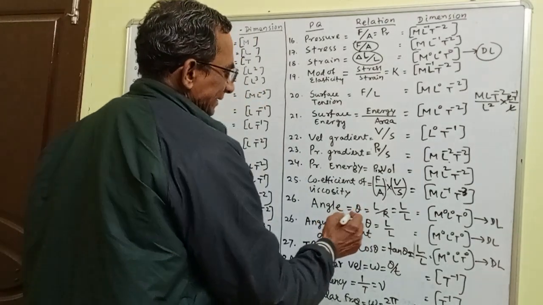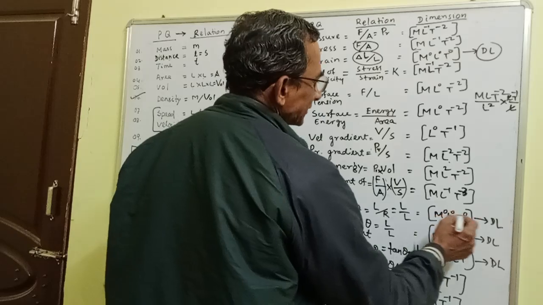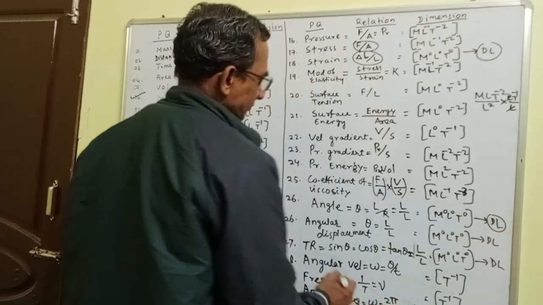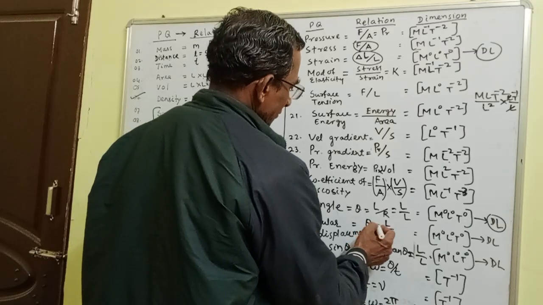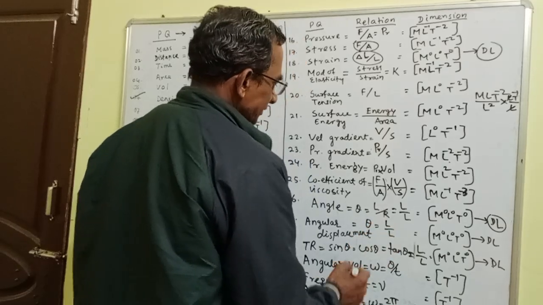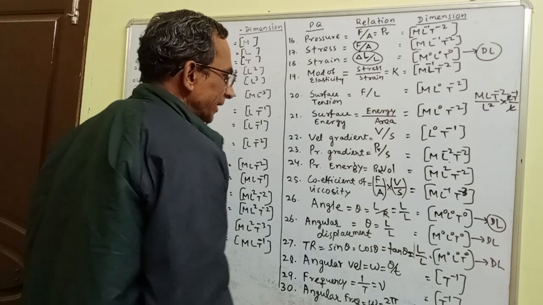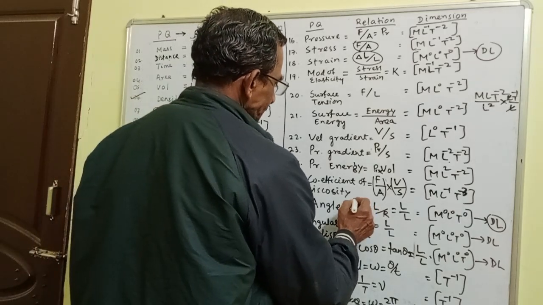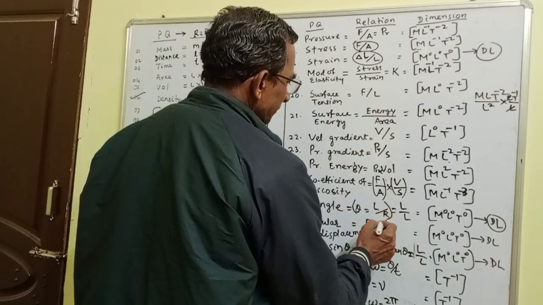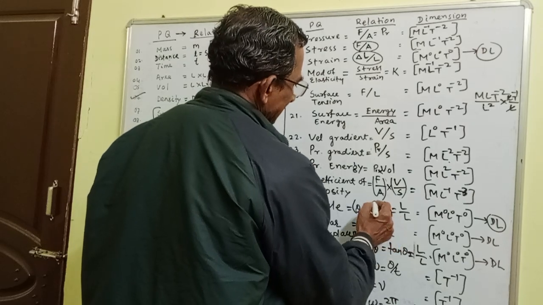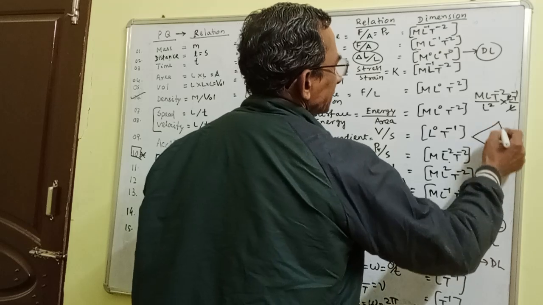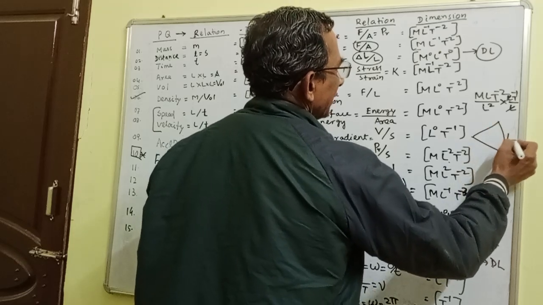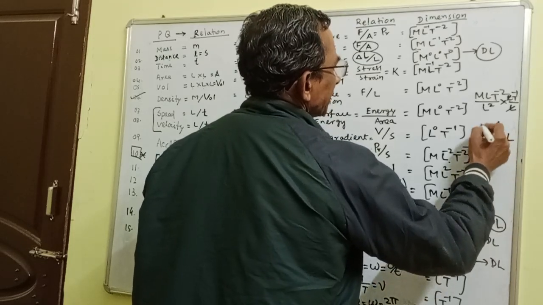Angle theta is distance by distance, hence dimensionless. Angular displacement again is also distance by distance, theta is equal to L by R. Suppose this is arc L, this is theta, this is radius.